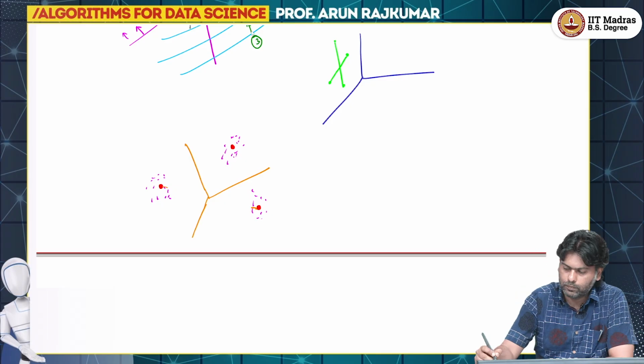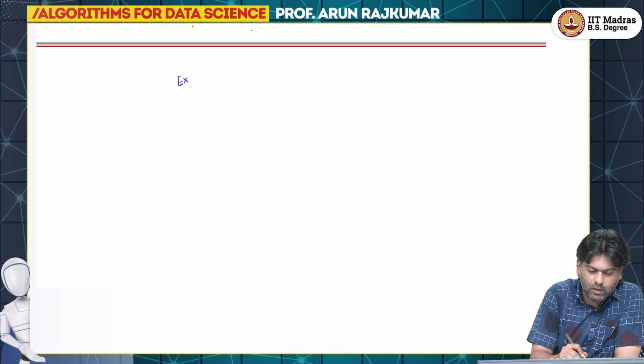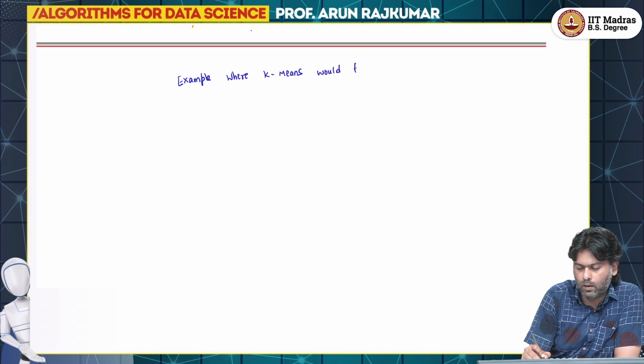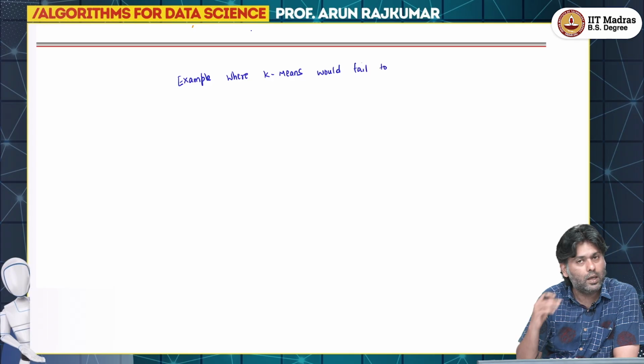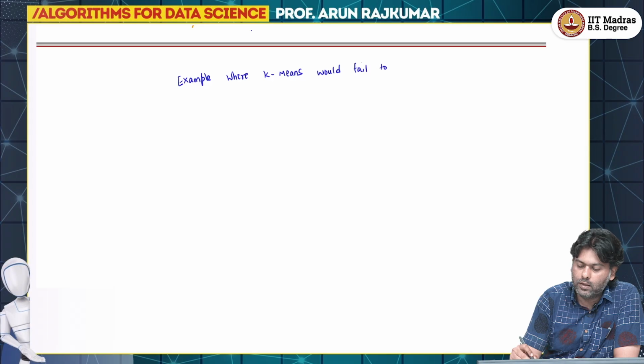Here is an example, and again, this is an example that you may have seen, where K-means would fail. In what sense? The K-means algorithm is doing its job, but when we say it fails to produce, and here is the tricky word, intuitive clusters.